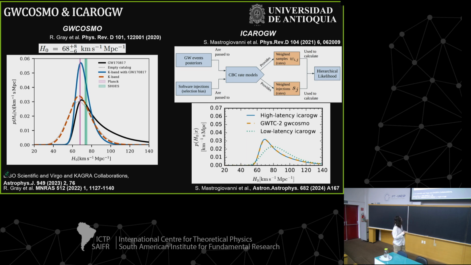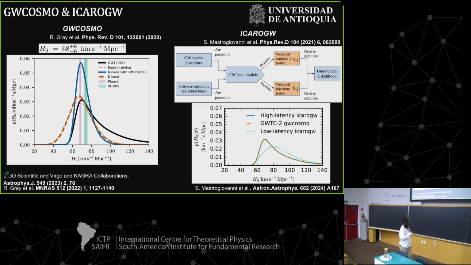GWCosmo, for instance, was implementing the dark siren method, assuming a fixed population model, so they were not constraining astrophysical population parameters while doing this analysis. They use a specific mass model in order to do this kind of analysis. And here is the result that was obtained for the LIGO-Virgo-KAGRA collaboration paper published in 2023.